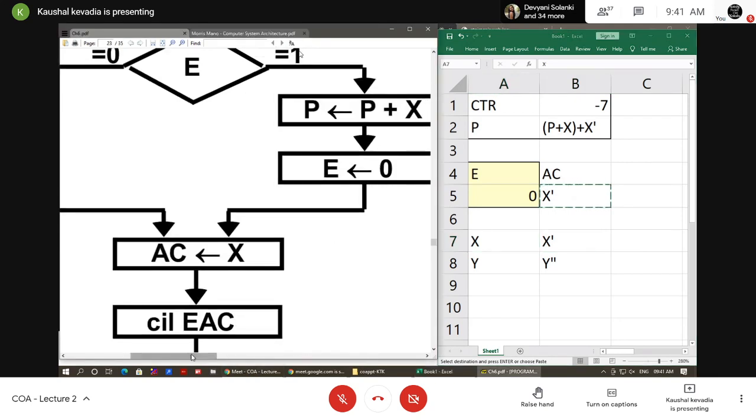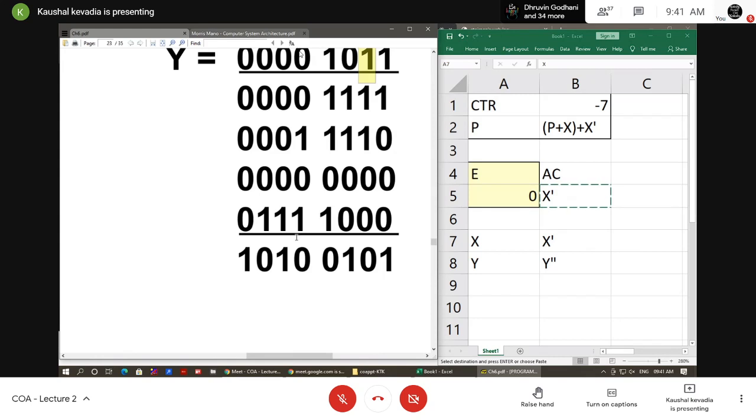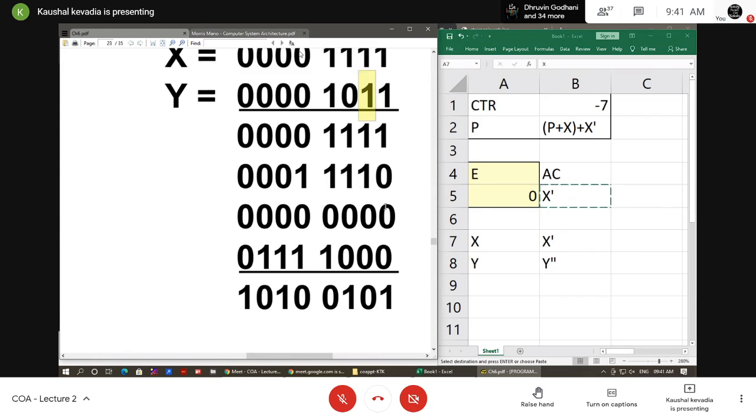Again, the value I will get in X dash, after the shifting of 1, is 1 1; this kind of information we will get in X dash.